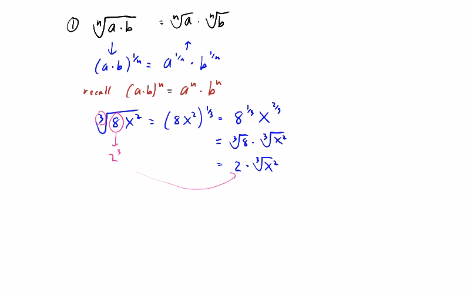This is mainly for historical reasons, because we didn't have calculators to figure out what the roots of various things were, like we do today, and it made life much simpler if we pulled things like 8 out of the cube root. So let's look at another rule here.